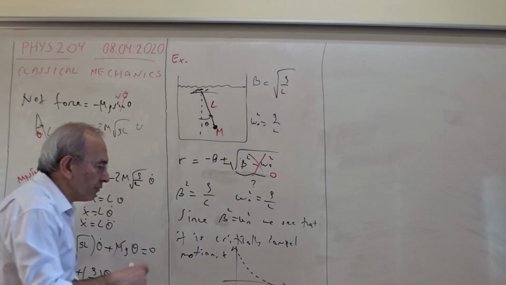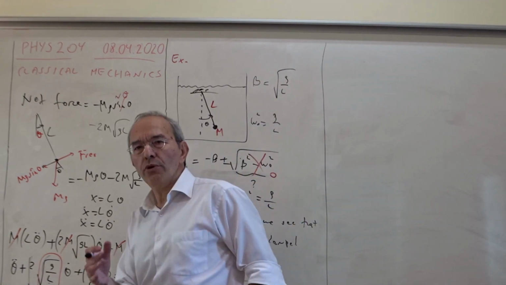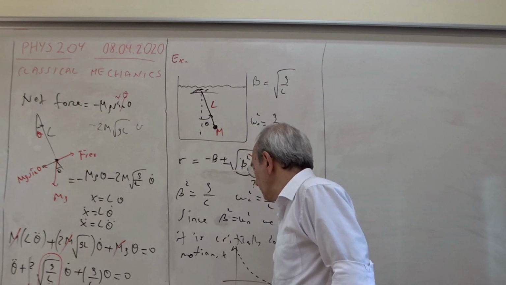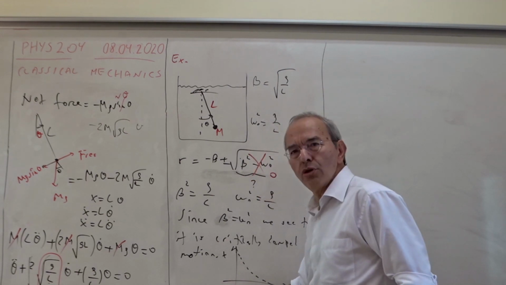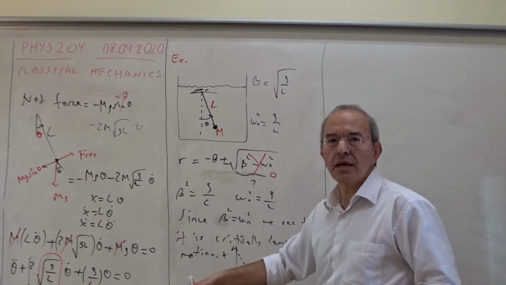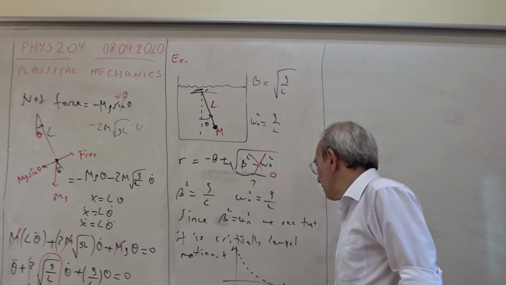Alright? But we also derived the form of the solution. What was the form? x of t was, initially unknown, from the initial conditions it can be found, A plus Bt times e to the minus beta t.